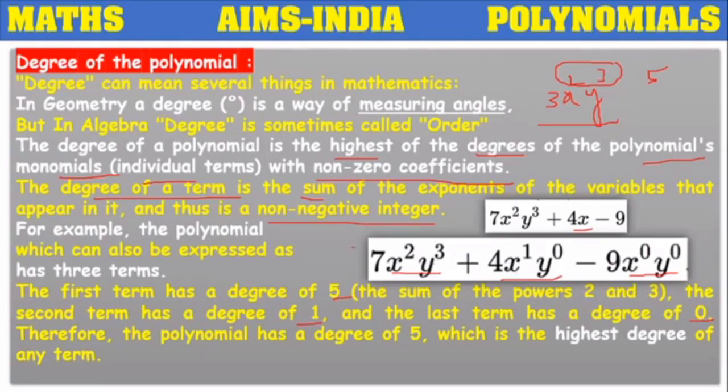You have to understand carefully: each individual term will have one degree. For the first term the degree is 5, second term degree is 1, and third term degree is 0. Out of 5, 1, 0, which is the highest degree? 5 is the highest degree. So the highest degree will be considered as the highest degree of the polynomial.